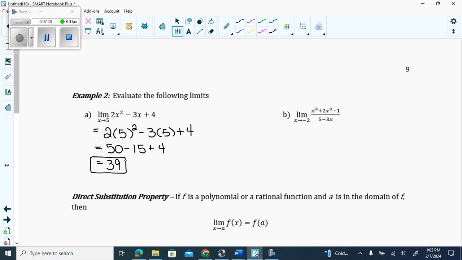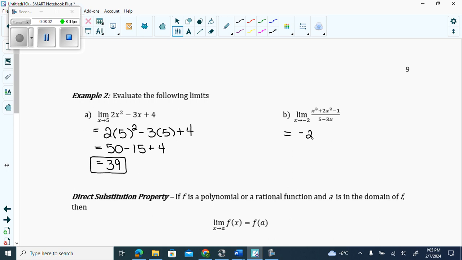The next one, some people think we have to do something first. They want to go factor it and all that jazz. You don't have to unless when you plug in it makes the denominator 0, correct? If I plug negative 2 in there, my denominator isn't 0, is it? So I can plug it in. Direct substitute. So the limit drops off because in the next step I'm going to plug in negative 2.